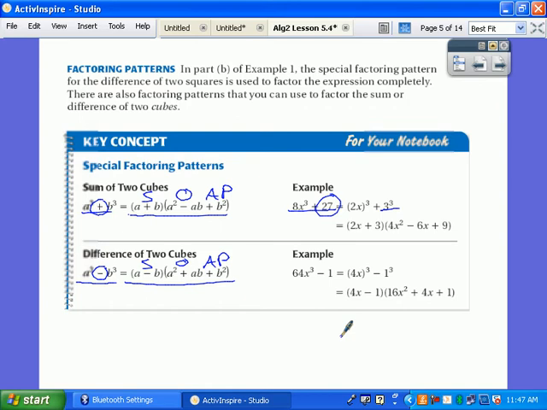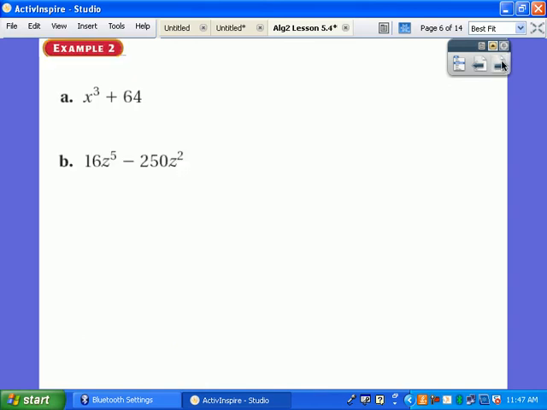But we also have to see that 8x cubed can be written as the quantity 2x cubed. So we have to actually spend an effort identifying what is A and what is B. If I'm to use this formula, I have to know what A and B are. And so to do that, I stop and I identify that at the very beginning of the problem.